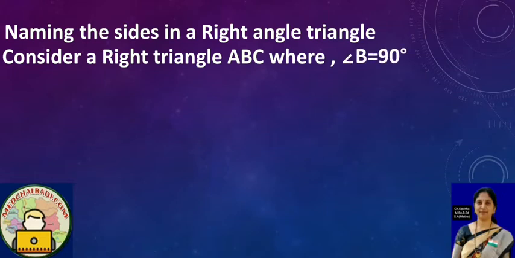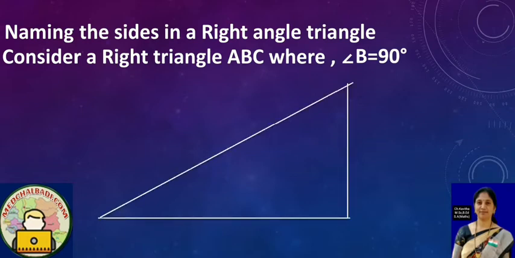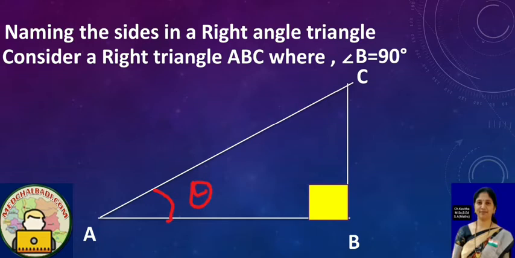Here we are considering the right angle at B. Now there are two acute angles, one at angle A and another at angle C. Now I am considering the acute angle at A. Based on the acute angle A, now I am naming the sides.